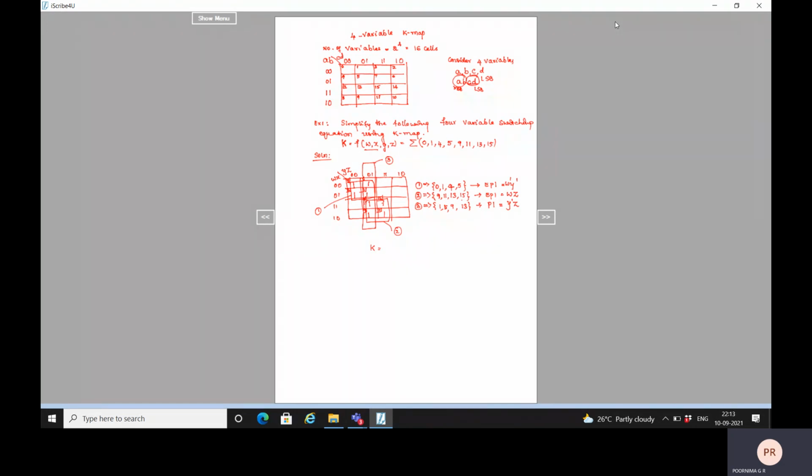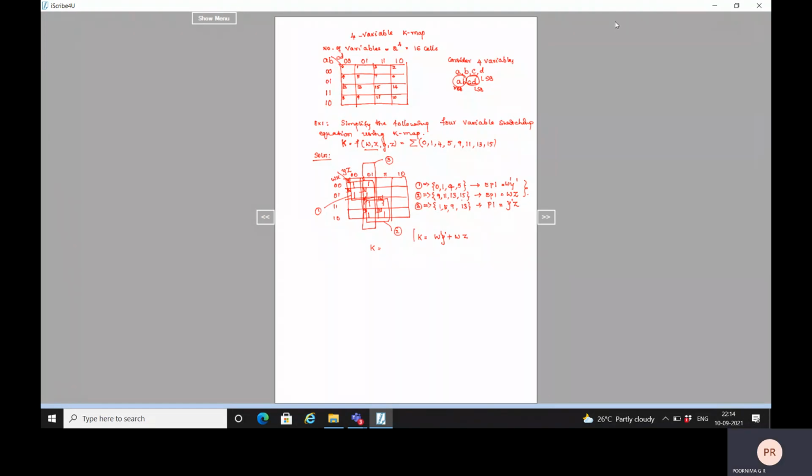In the rows, none of the variables is common amongst all the rows. Hence, y bar z only, the column value, is represented. The final optimized, redundancy-removed equation has only the essential prime implicants. So therefore, A is equal to w bar y bar plus w z.